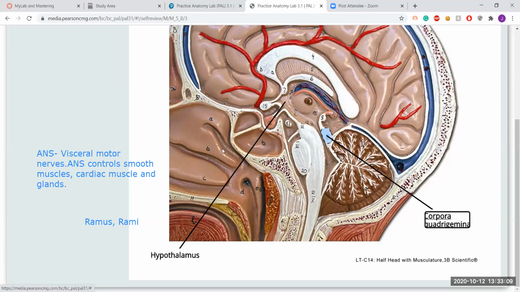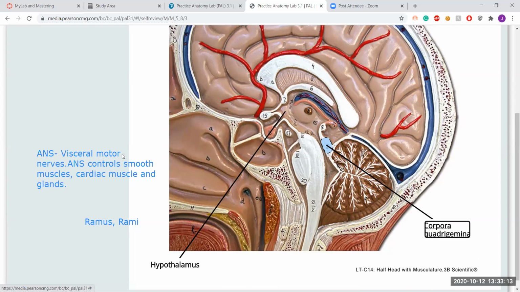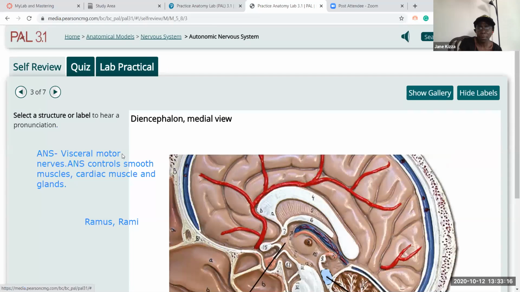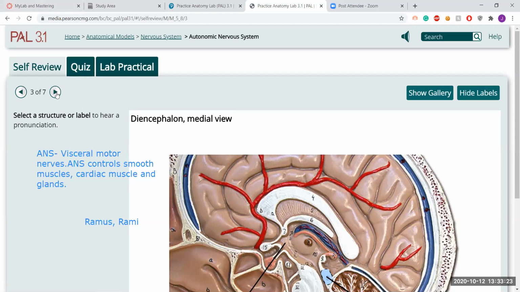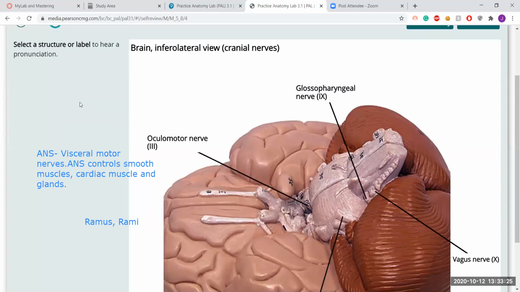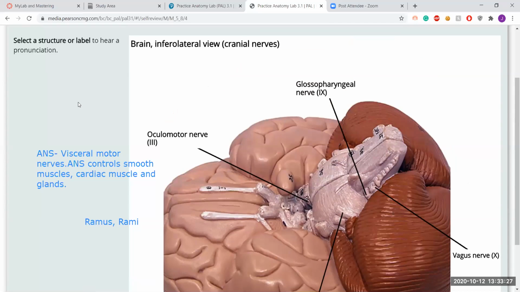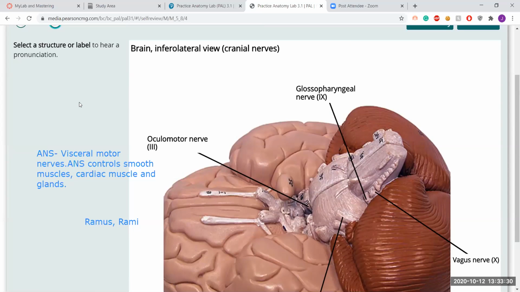Hypothalamus and medulla oblongata are the major centers of the autonomic nervous system. They are controlled by either the cerebrum or medulla oblongata or hypothalamus, or all of them together. These are again the cranial nerves, which are part of the autonomic nervous system, because the sympathetic and parasympathetic nervous systems are formed by these cranial nerves and the ganglia.